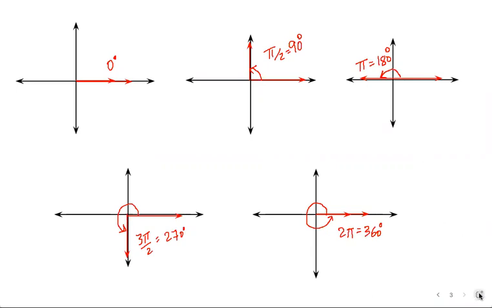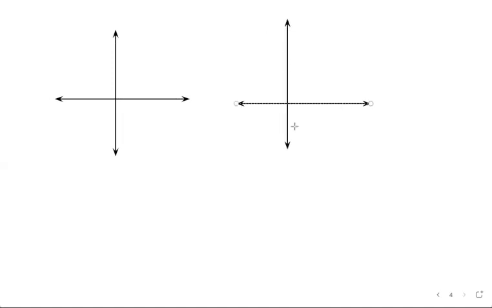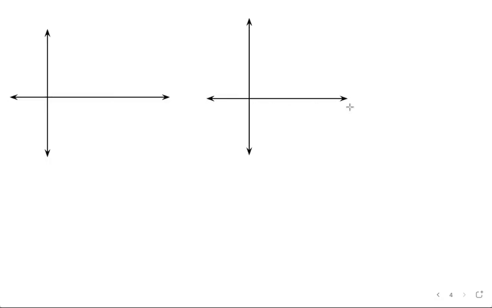Also, there are other angles like this. First one looks like this, second one up, third one like this.